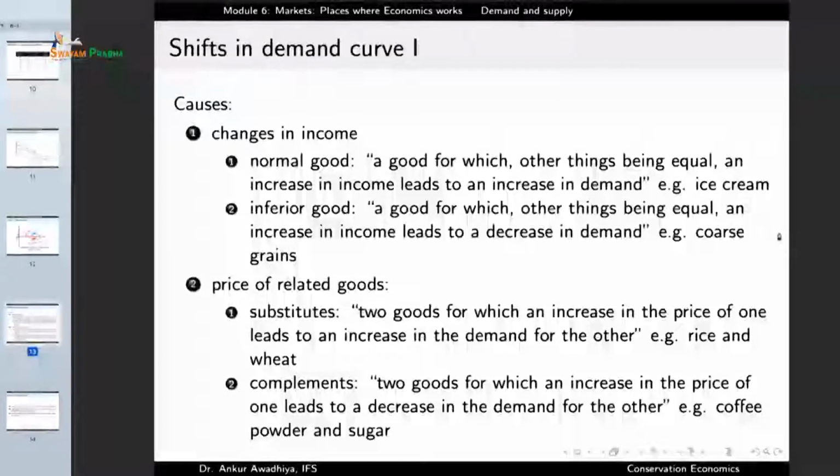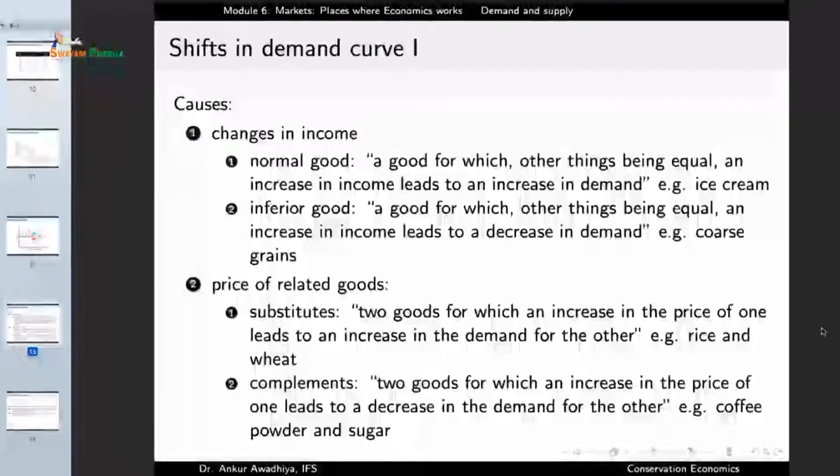So what we are saying here is that if your income is 10,000 rupees a month and you are demanding say 3 ice creams in a month, and your income increases to 30,000 rupees a month, then the number of ice creams that you will demand will also increase.